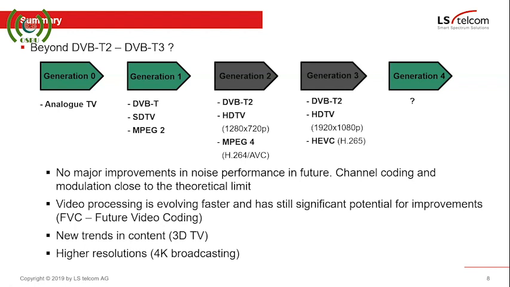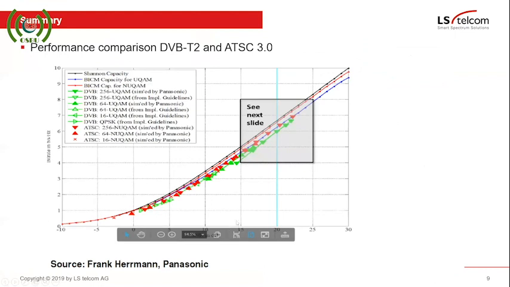And there they are looking at future video coding, which can be a huge improvement in capacity. Then, obviously, new trends are 3D TV, and then I think one can also see it with virtual reality, etc., which are also improvements. And then high-resolution 4K transmissions.